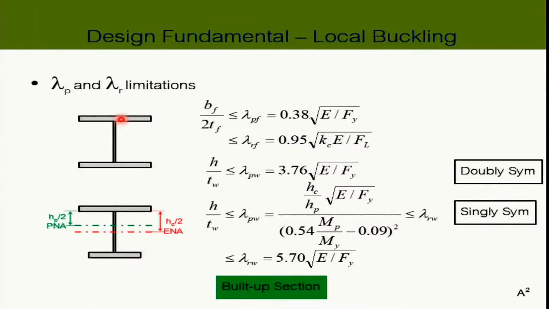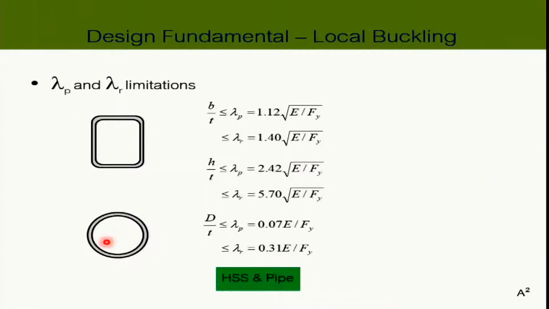Because again, of the residual stress created by the welding process, because you need to weld the flange to the web, or the web to the flange, however you look at it. So the limits will be slightly different, and that crazy limit is for a singly symmetric section, okay? And likewise, we have some more limits for the square and tube and so on.